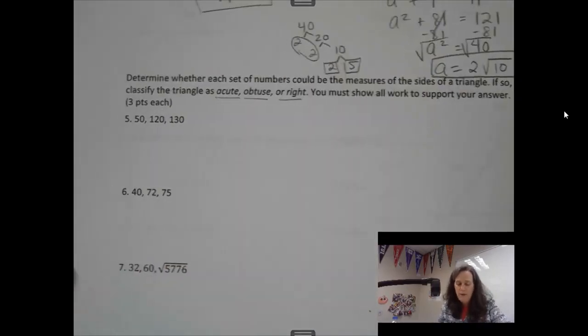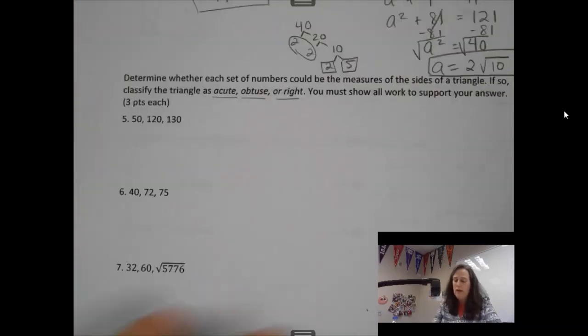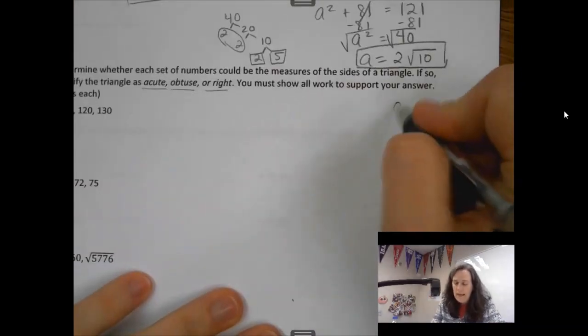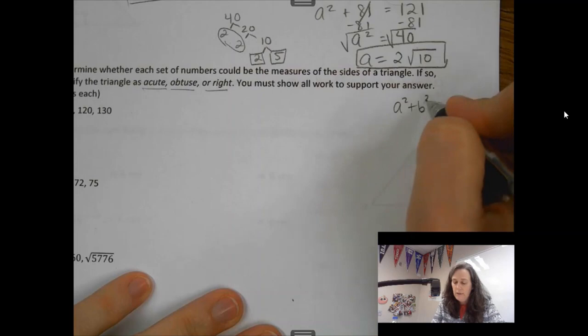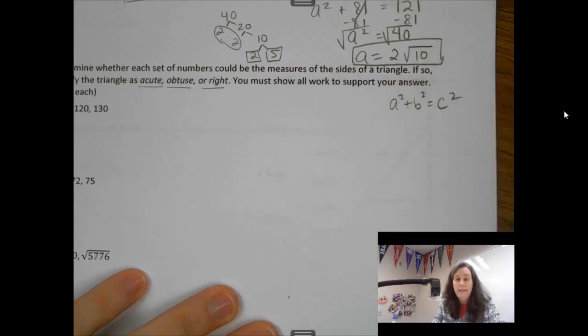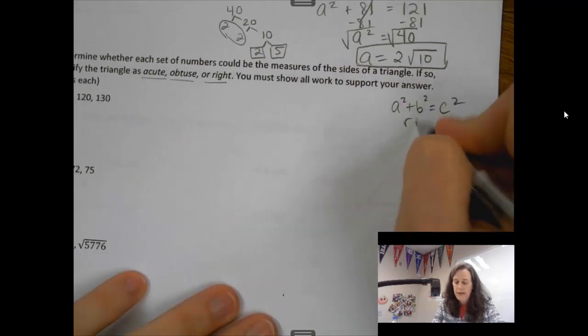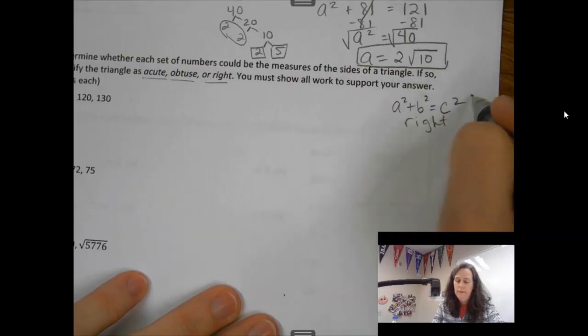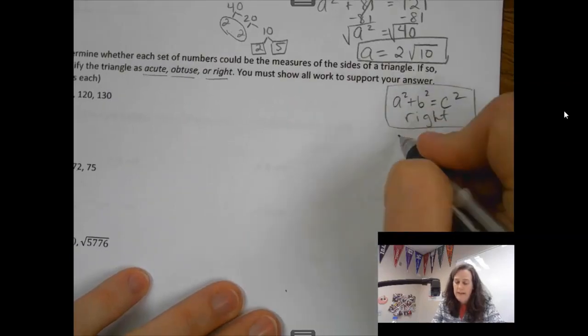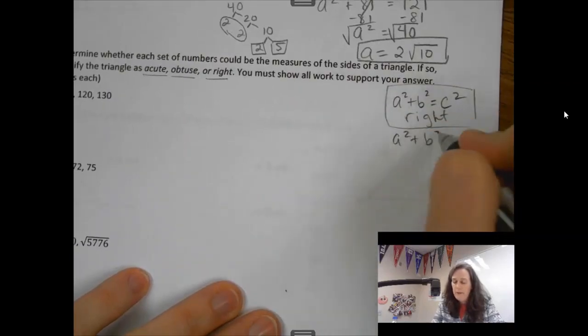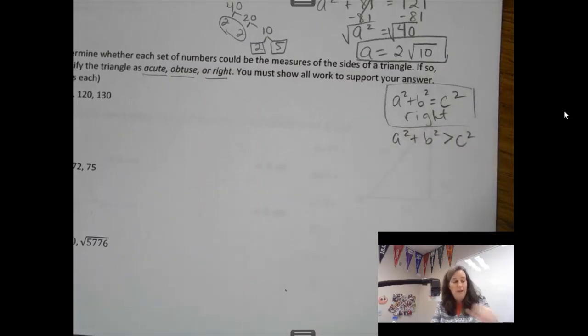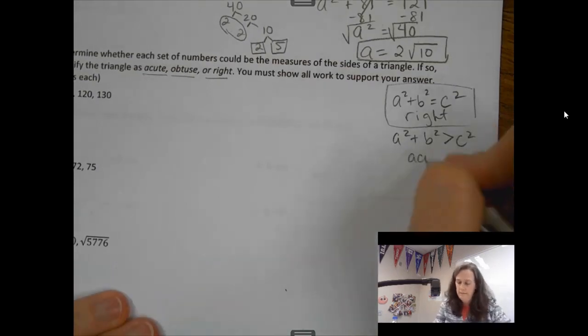So remember what the three things are. I'm going to write them over here. A squared plus B squared, if it equals C squared, it's a right triangle. If we have A squared plus B squared is greater than C squared, that one is an acute triangle.